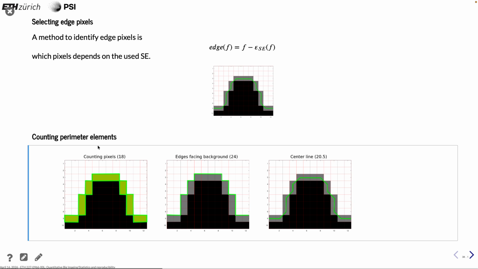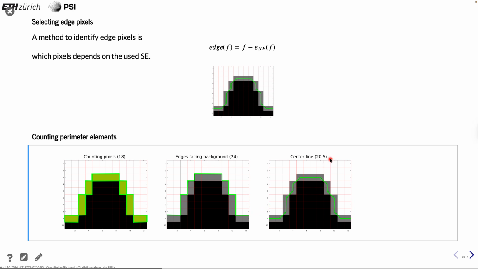But this is not the only way you can define the perimeter. Still using the same edge pixels, we can also define the surface or the perimeter as the edge facing the background. That would be along this green line, and then all of a sudden we get 24 as the length of the edge.